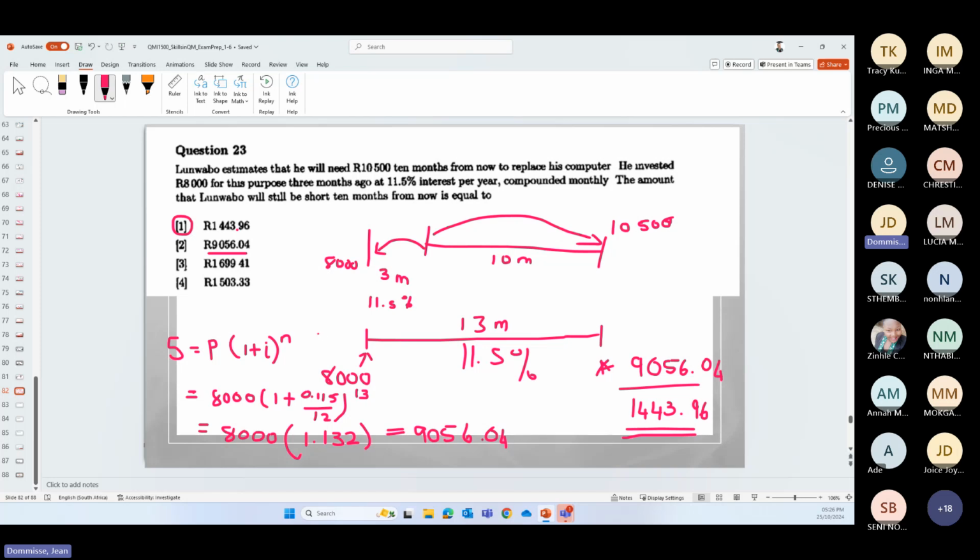And unfortunately, there is an option for the 9056, so one might step into that trap because you're working it out and then you see one of the answers that you're actually getting.